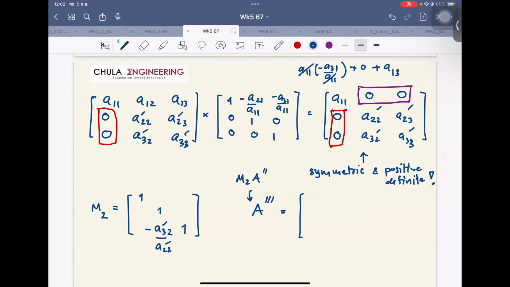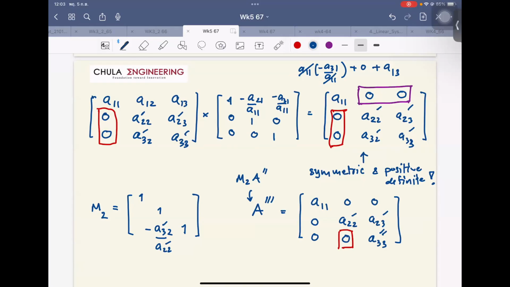This is M2 A double prime. Now the first and second row are the same. This will be 0, right? This is our intention. And we have the change at the A33.